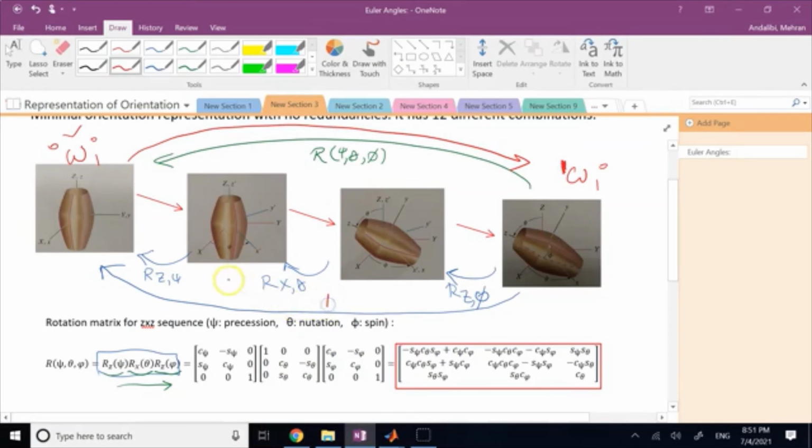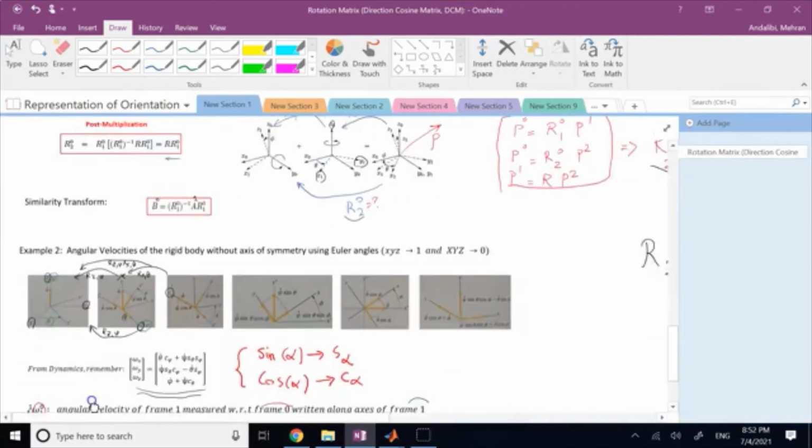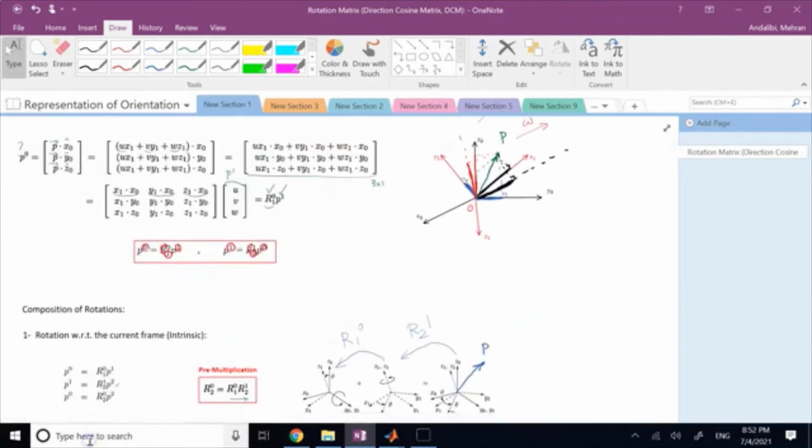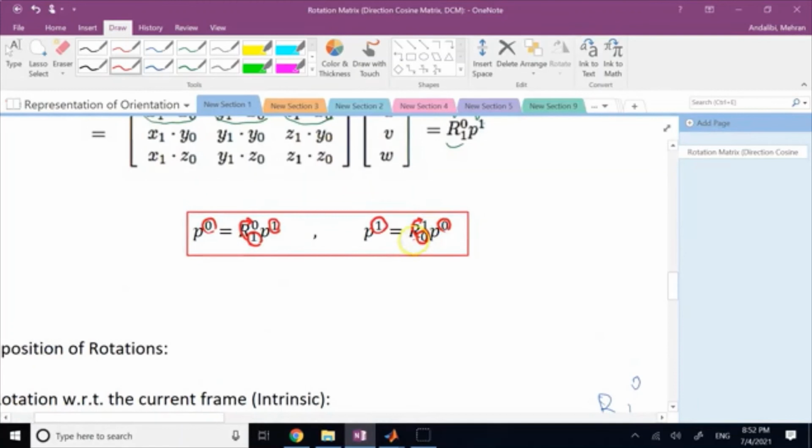So if this product of these three, as I said, I called it R, and if I want to go back, instead of pre-multiplying by R, I pre-multiply by what? By R transpose, which is the same as R inverse. Correct? I told you that here. Depending on which direction you are going, you do the inverse, or the transpose of that. So that's the case here.